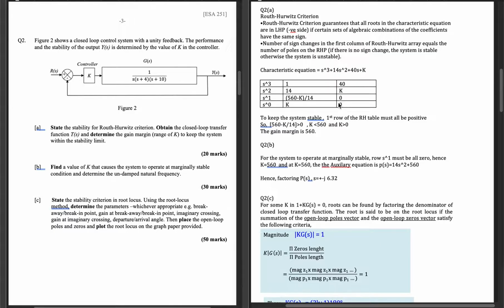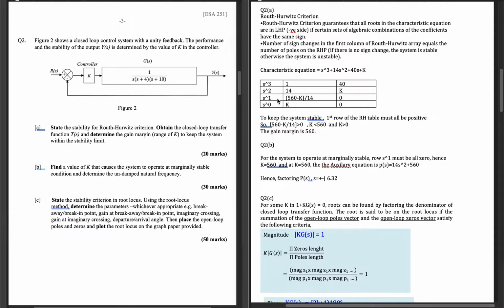Now to keep the system within the stability limits, the first column must be all positive. That means that to keep the system stable, the first column of the RH table must be all positive.